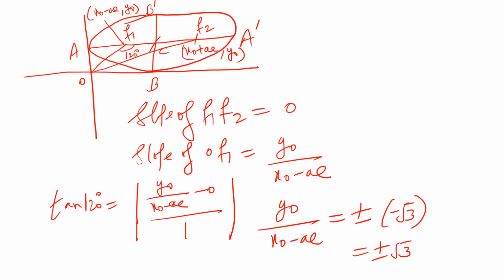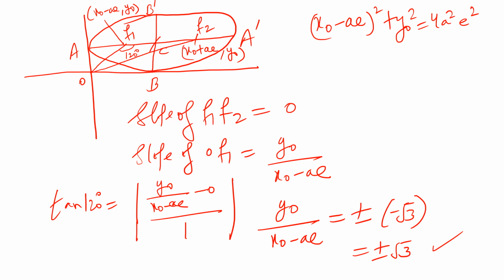Now students, I have already told you that y naught is equal to b and x naught is equal to a. Fine. And we have also formed an equation: x naught minus ae whole square plus y naught square equal to 4a square e square. Now from this equation, what can I write?